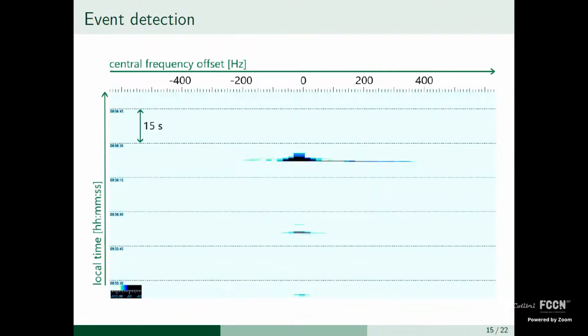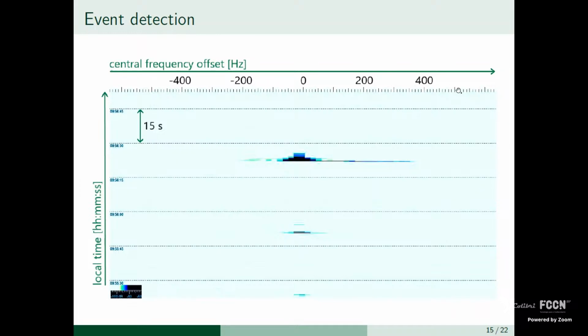And here it is: one of my first successful detections of meteor events. On the horizontal axis, there is the central frequency offset, which is basically how it differs from the frequency of the transmitter. So where the 0 value is, this is where the Graves frequency is, the frequency I'm using to detect.